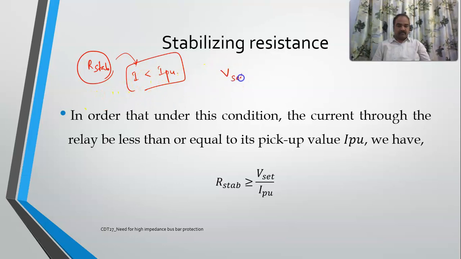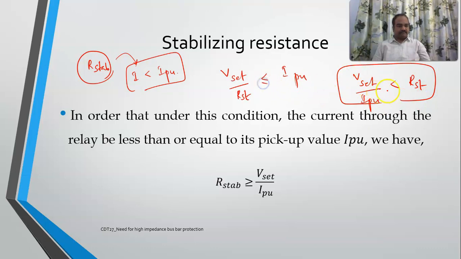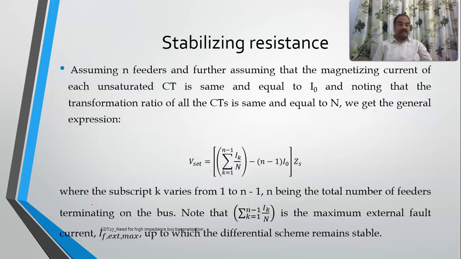This is reset by a stabilizing resistance. It must be at least if it is an equal value. So this is here.